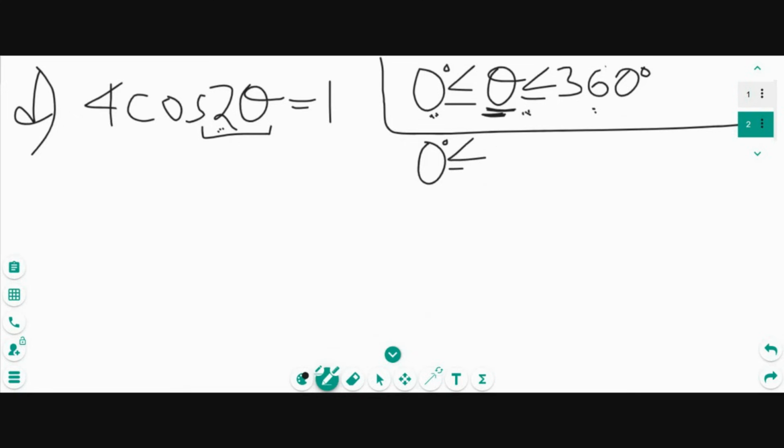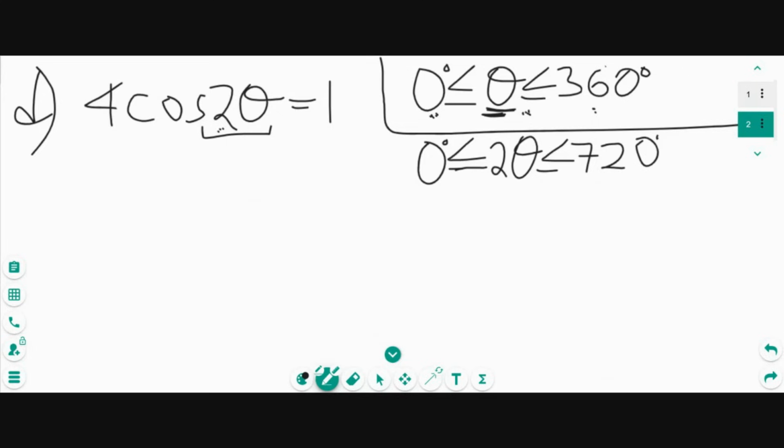Then theta times 2, I get 2 theta. And then when I multiply 360 times 2, I will have 720 degrees. Okay? Now it is getting hotter.